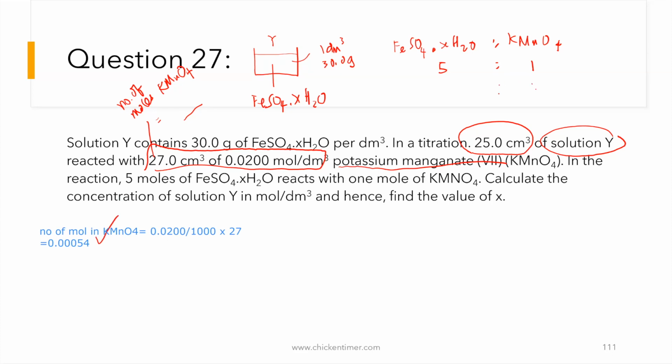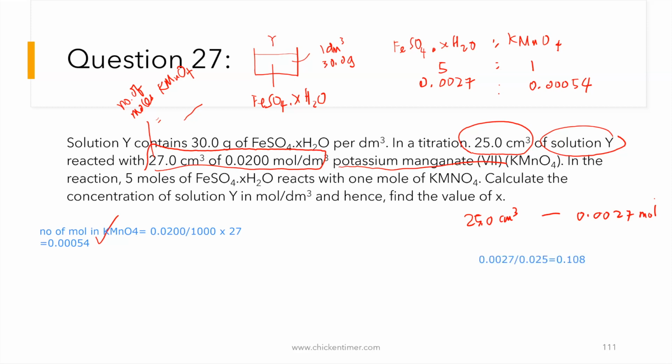Here we have 0.00054, so iron sulfate will be that times 5. They say in the titration, we use 25 cubic centimeter of Y, so in 25 cubic centimeter of Y, there is 0.0027 mole. So can you calculate the concentration of Y?